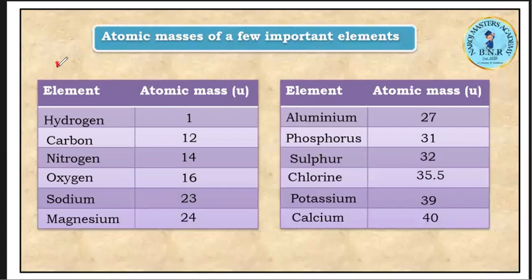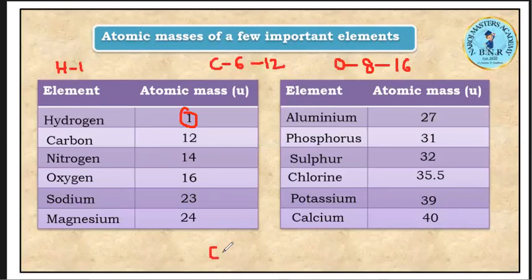You know, the atomic number of hydrogen is 1. Mass is also 1. If you see, the atomic number of carbon is 6. Mass is 12. The atomic number of oxygen is 8. Mass is 16. The atomic number of calcium is 20. Mass is 40.